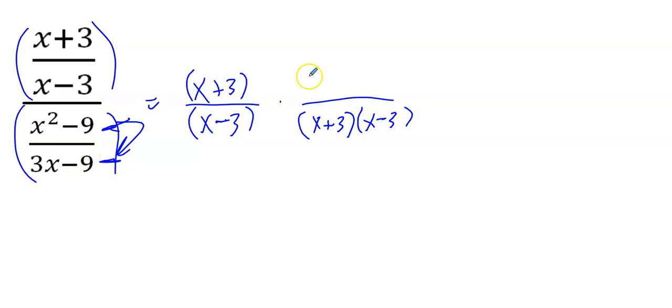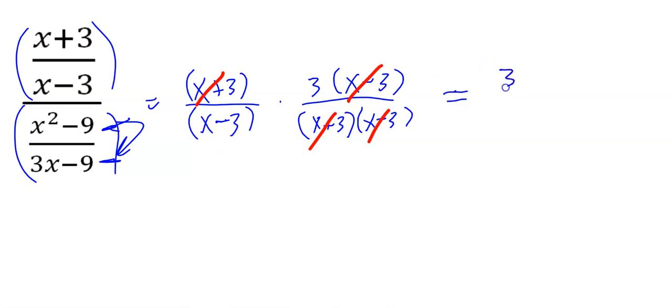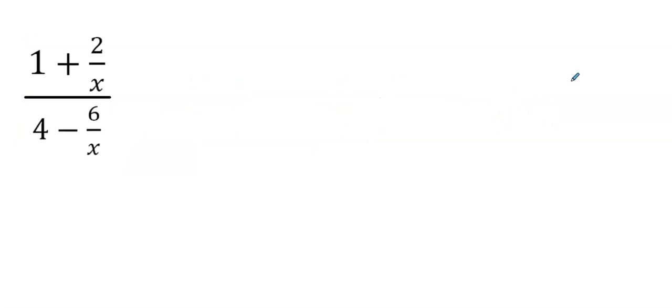When I move that up to the denominator, I'm going to take out the GCF of 3, so 3 times x minus 3. And see if anything cancels. I see that cancels. I see that cancels, and this is going to equal 3 over x minus 3. Again, write the parentheses, that'll prevent you maybe from butchering it, which is a good thing.